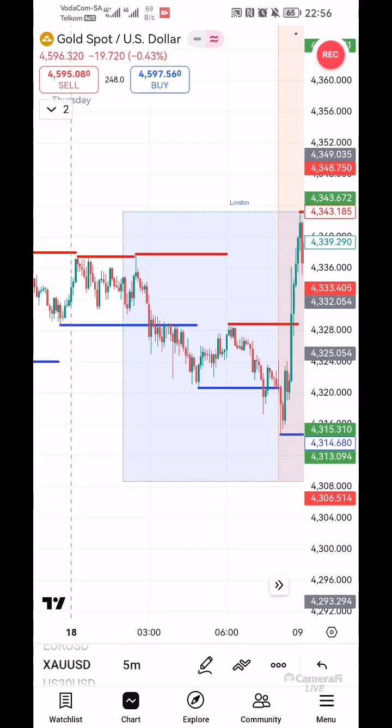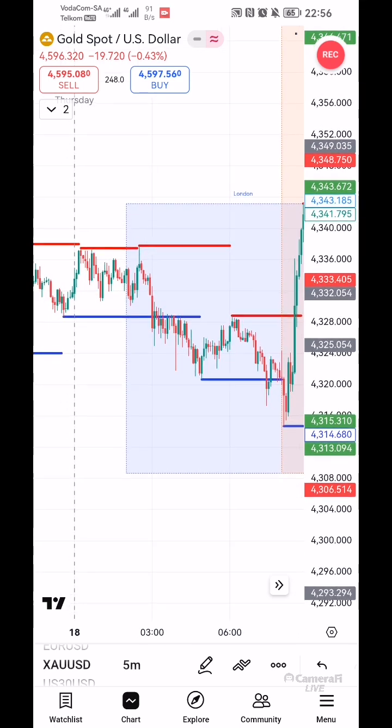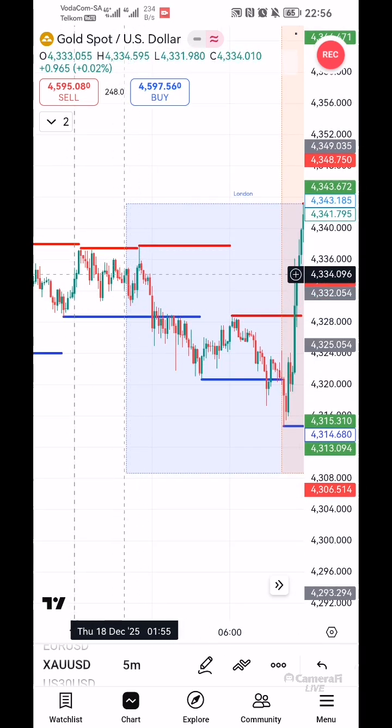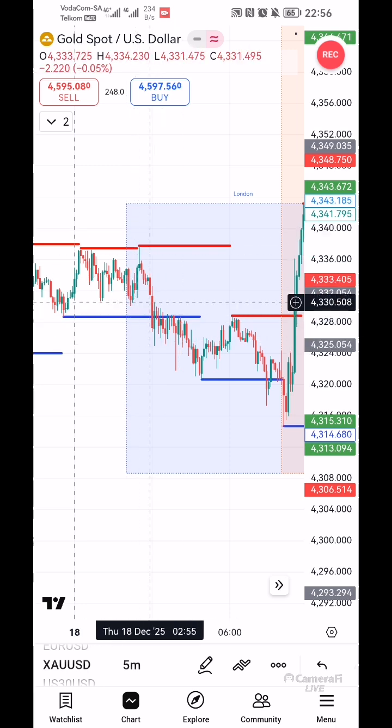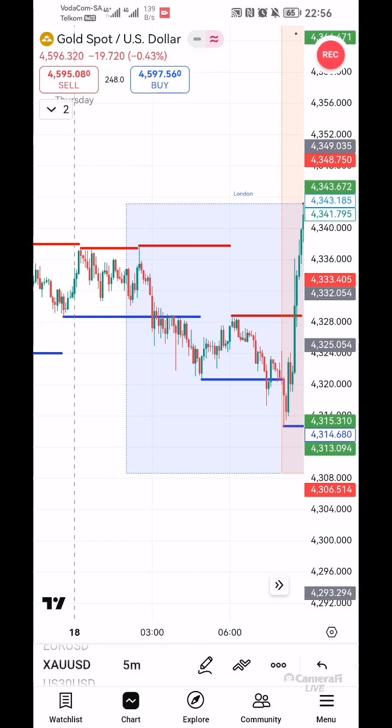So this was gonna be the next day, on Thursday. As you can see, the market opened here on our London session. That's where we start looking for trades. We had a break below. The market broke below the structure here, which was indicating us to take a sell entry.